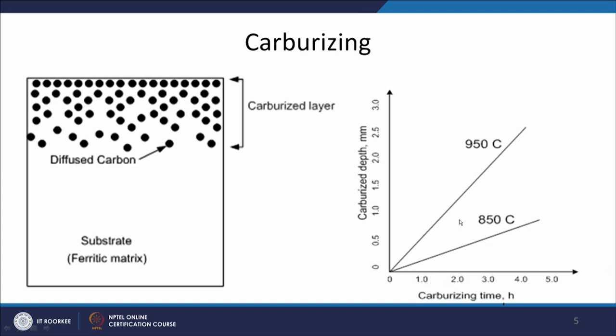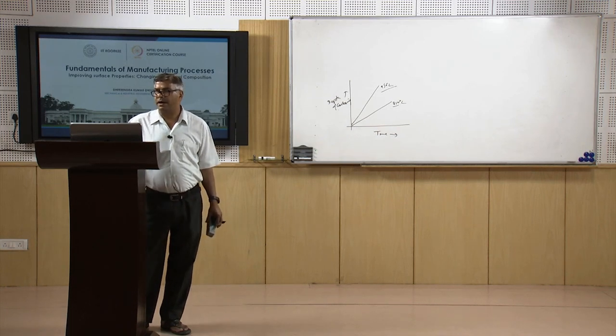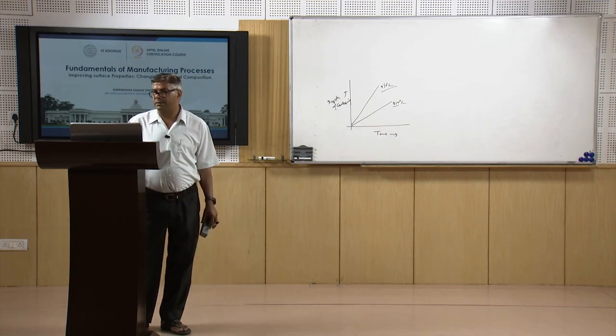At 850 degrees centigrade the increase is limited, while at 950 degrees centigrade the carburizing depth increases at a much higher rate, and this is attributed to the higher rate of diffusion of carbon into the iron at the higher temperature.